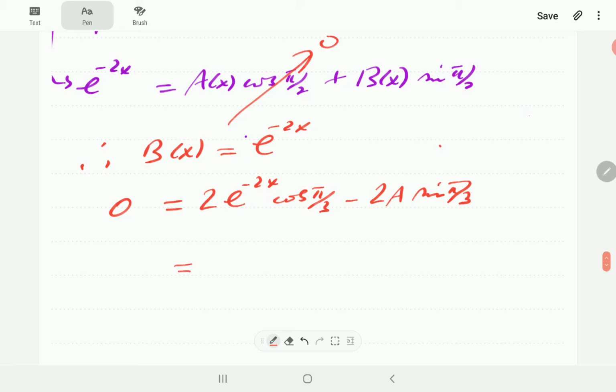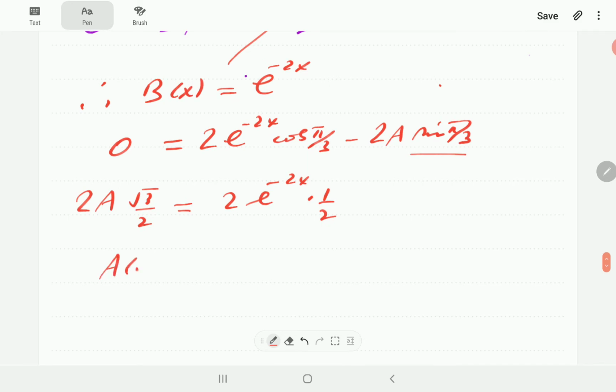I'm going to bring this to the right hand side, left hand side. So 2a sine pi on 3, sine pi on 3 is root 3 over 2. Cosine pi on 3 is 1/2, minus 2 times 1/2 here.